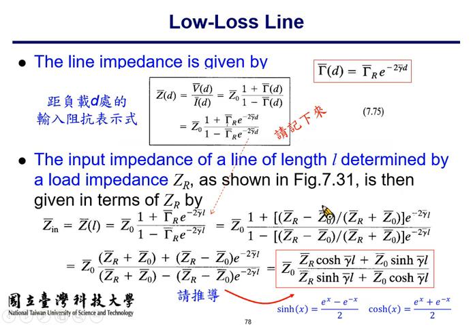And if you multiply the numerator and denominator both by Z R plus Z sub 0, you end up with this term. The first term is simply the sum of Z sub R and Z sub 0.